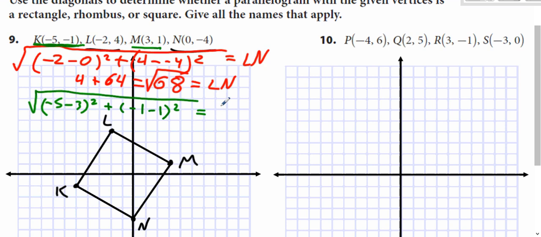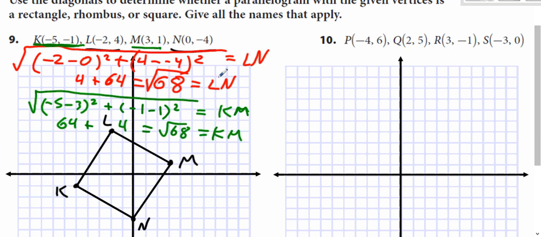And that's the length of KM, whatever we get when we work that out. So -8 squared, so -8 times -8, 64. -1 minus 1 is -2. -2 squared is 4. 64 plus 4 again is square root of 68.